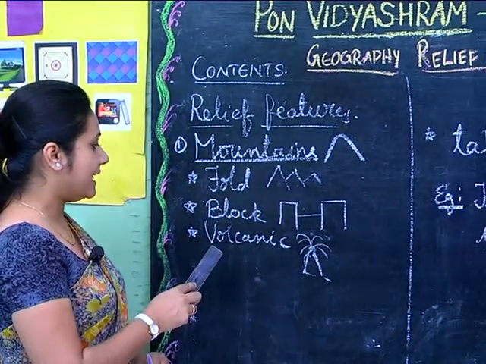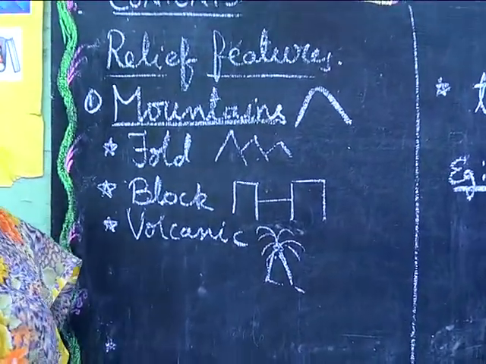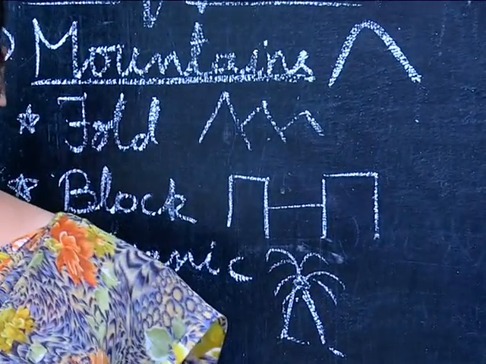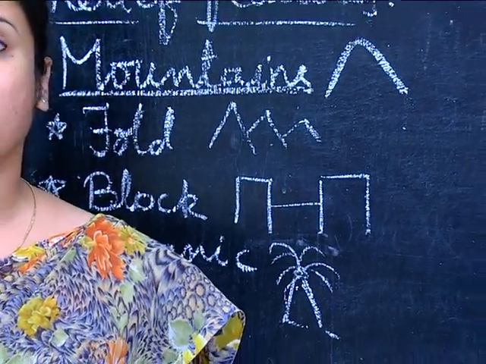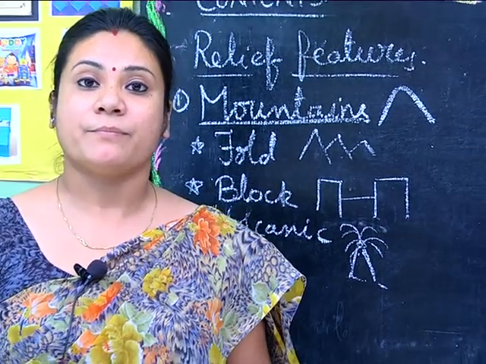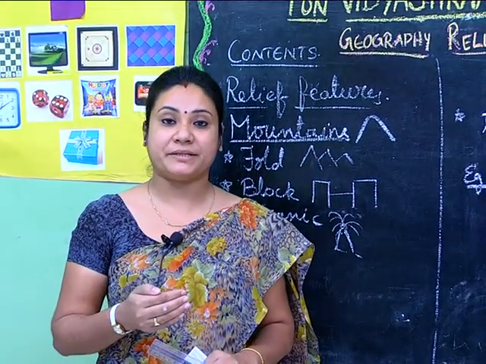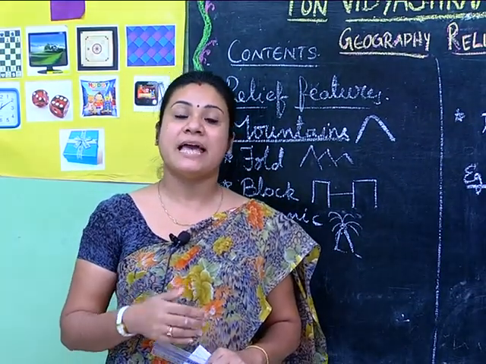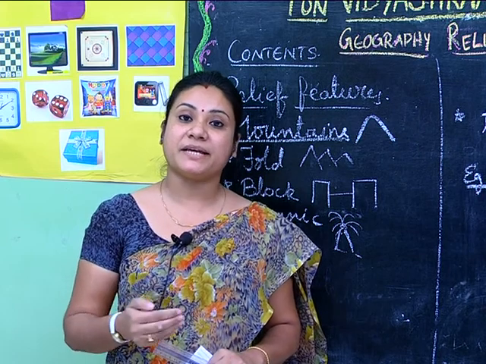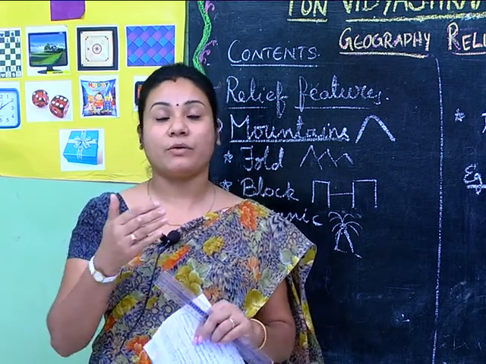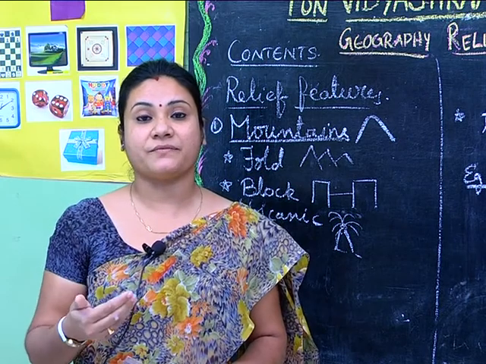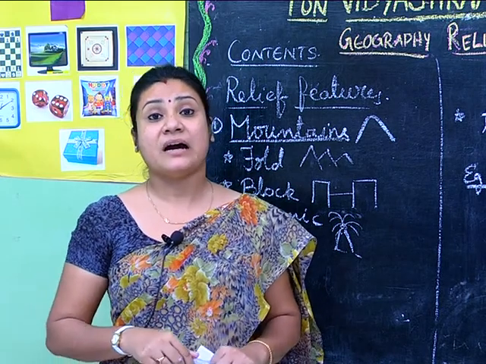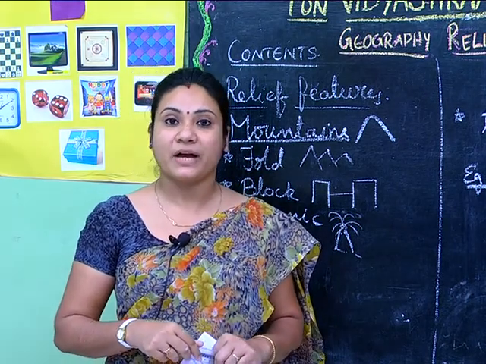Coming back to the volcanic mountains, as we know, they are formed because of various kinds of materials, the magmas or lavas, that erupt from deep inside the earth's interior, come out and settle on the earth's surface in due course of time.